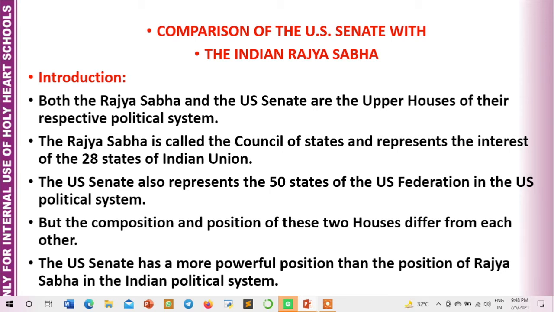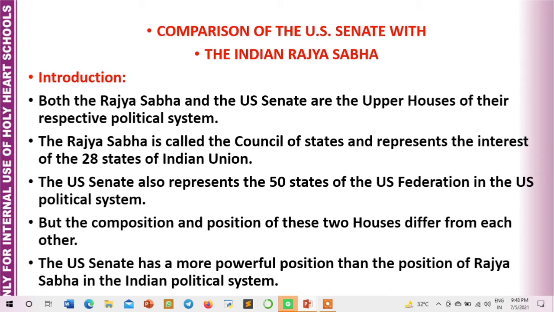The US Senate also represents the 50 states of the US Federation. In the same way, US has 50 states, and the US Senate represents the interest of the 50 states.